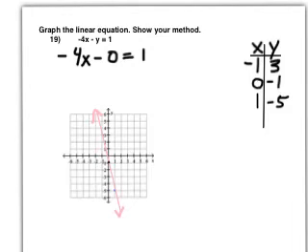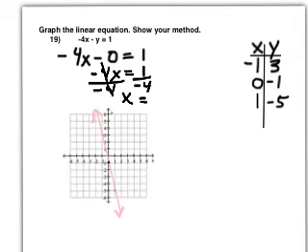So we get a negative 4x equals 1, divide by negative 4, divide by negative 4. So that cancels out, and we get x equals a negative 1/4. Now that's not as great a spot, right? You can see our line already crosses that spot, which of course it should. So the x-intercept is right there. But usually that's not so great. So we wouldn't use the intercepts in that circumstance because we'd rather have them cross where the grid lines cross.